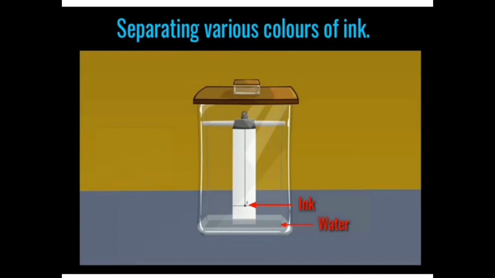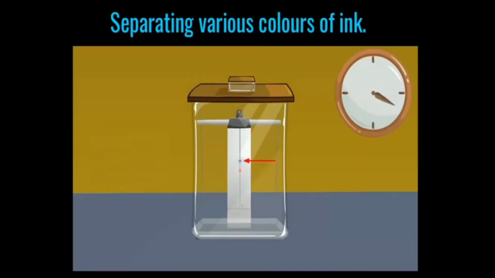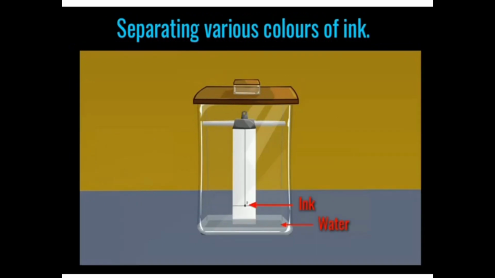Now ink is a mixture of several colors, that we know. If we want to separate the various colors of ink, what process will we use? We will take a thin strip of filter paper.